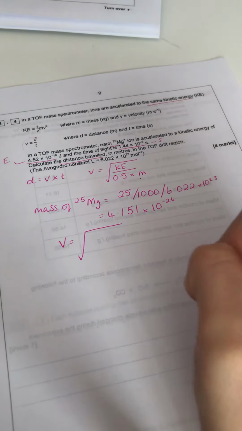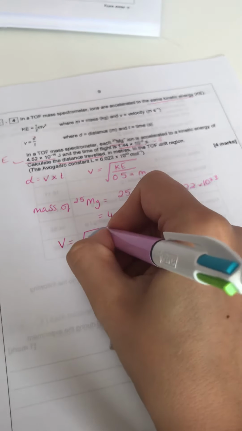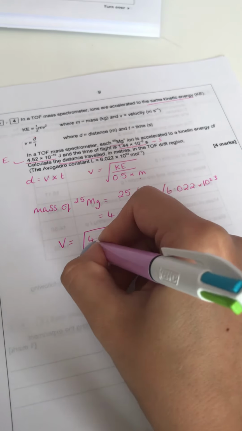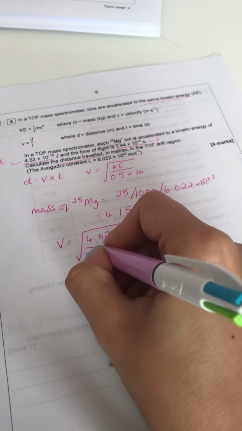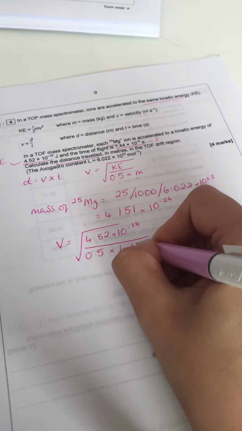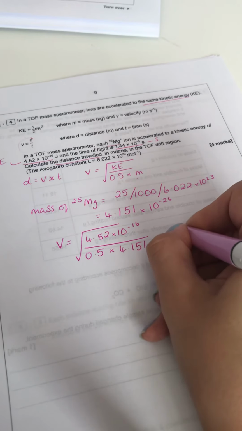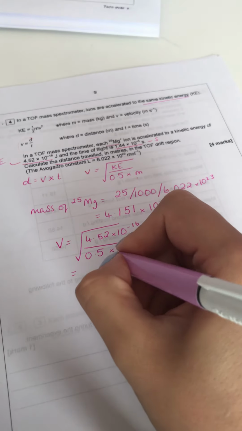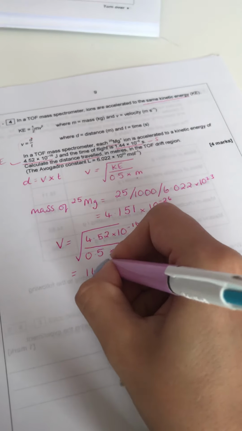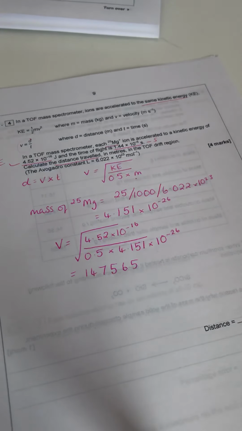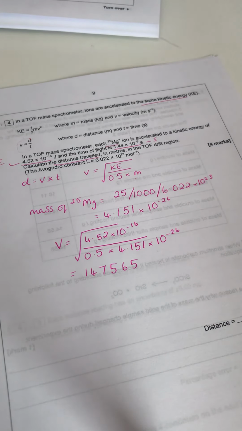So the question tells me the kinetic energy is 4.52 times 10 to the minus 16. I'm going to divide that by 0.5 multiplied by the mass I just calculated. So keeping that on my calculator gives me a velocity of 147,565.